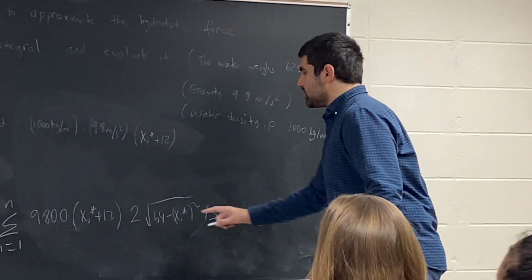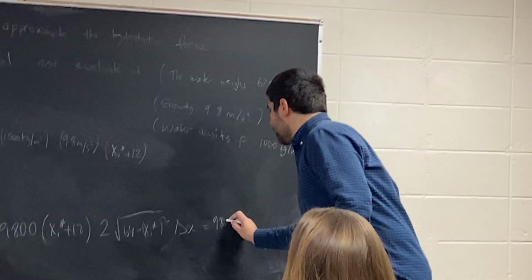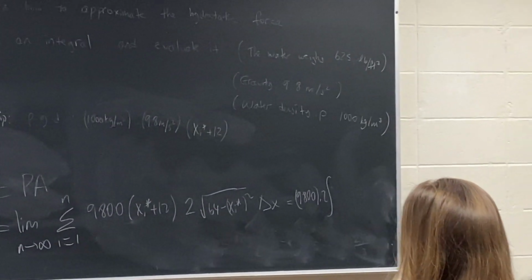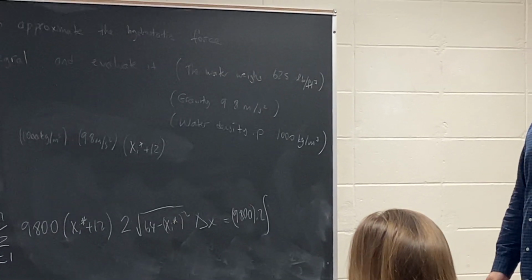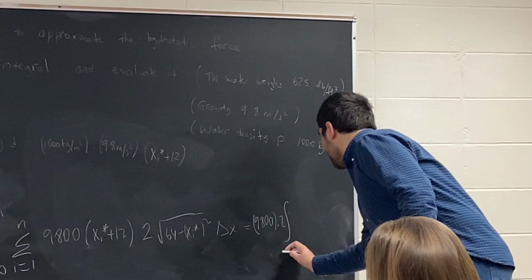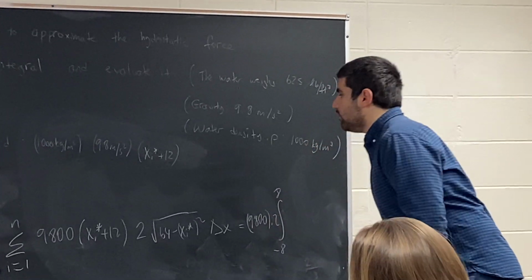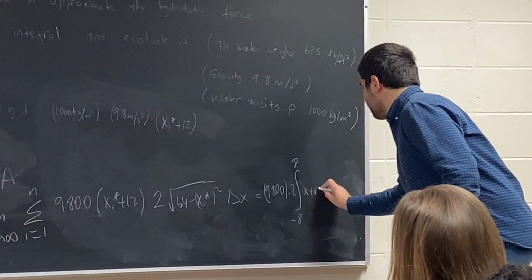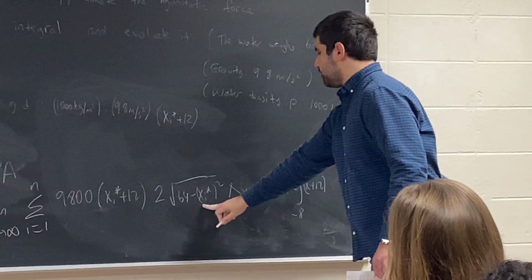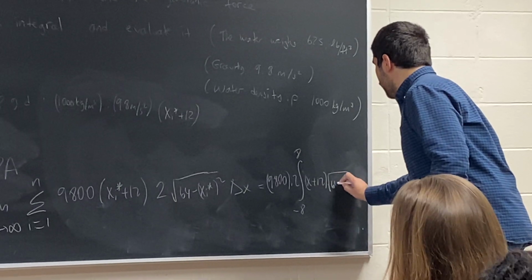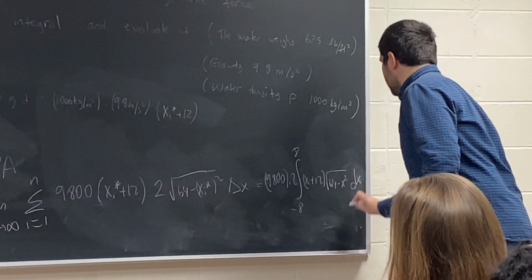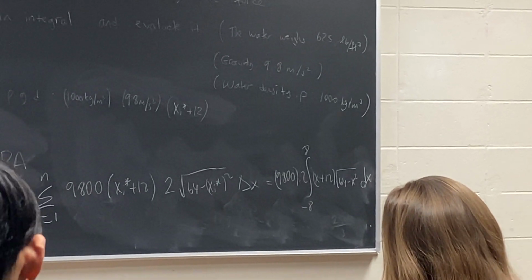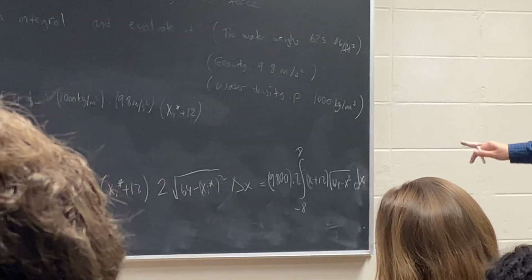We can pull the constants out. 9800 times 2, and the plate is from where to where? From -8 to +8. This will turn to x plus 12, and this will be the square root of 64 minus x squared dx. And as we stated in the beginning of the problem, we just need to set up the integral. That's it.